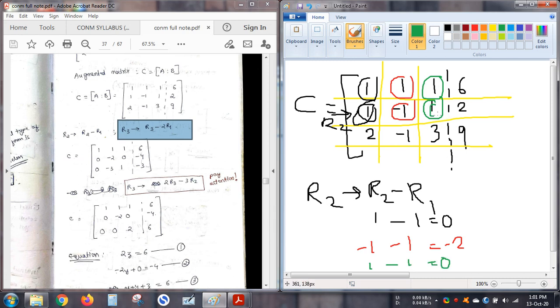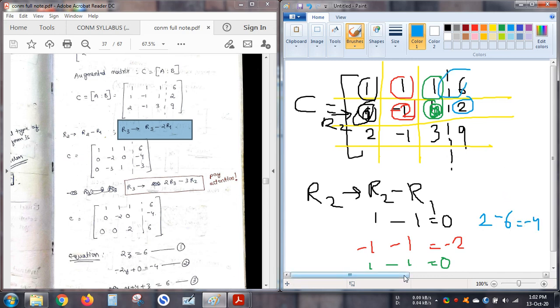So the first becomes 0, this becomes minus 2, and the last is 0. We also have another value present, which is 2, so R2 is 2 minus R1 which is 6, which equals minus 4.